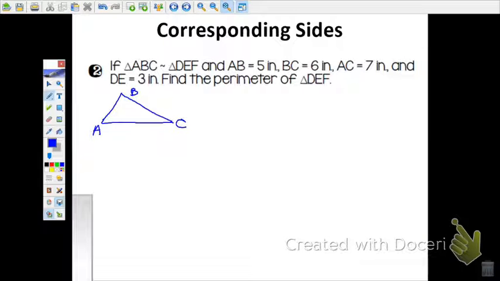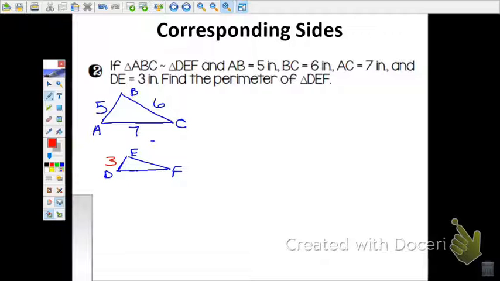So ABC, AB is 5, BC is 6, AC is 7. And then my other triangle is going to be a little bit smaller, DEF. So we know DE is 3.